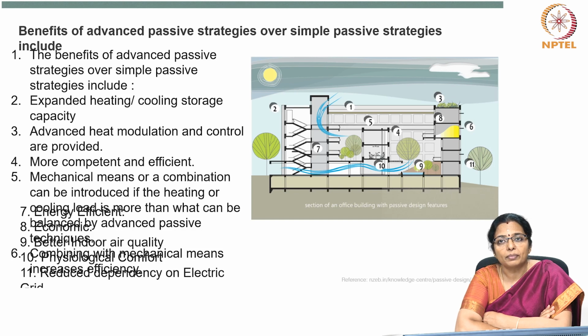It's more competent and efficient. Mechanical means or a combination can be introduced if the heating or cooling load is more than what can be balanced by advanced passive techniques. Combining with mechanical means increases efficiency. These buildings are energy efficient.